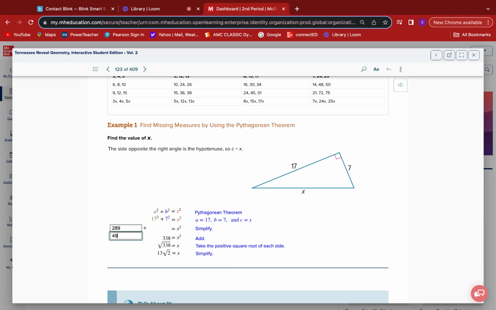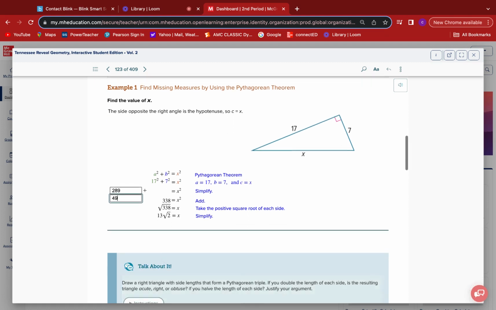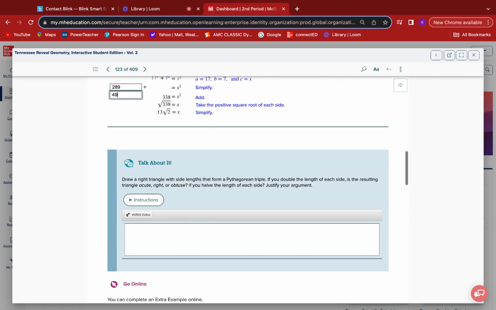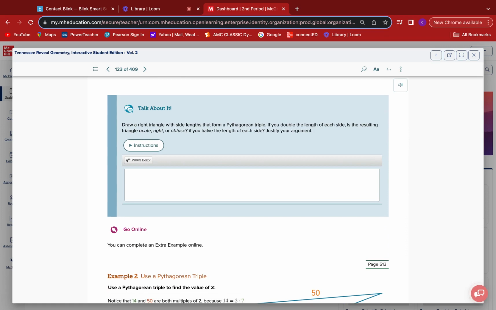So it would be 169 times 2, because 13 times 13 is 169. 169 times 2 is 338, and the square root of 169 is 13. If all you're familiar with is decimals, then okay, do that, but please try and teach your students how to break down a radical.